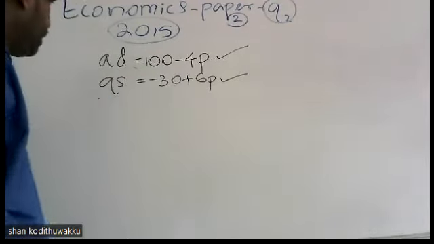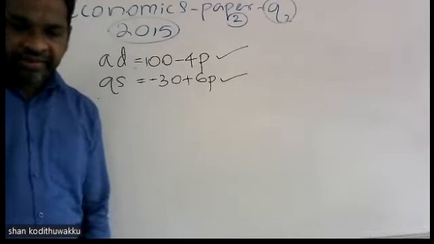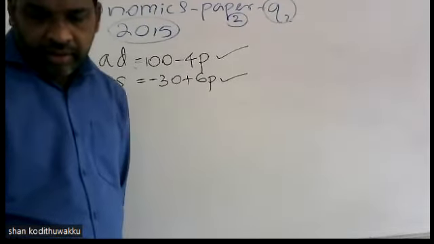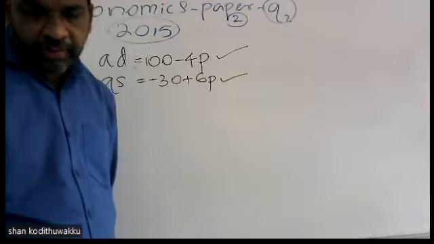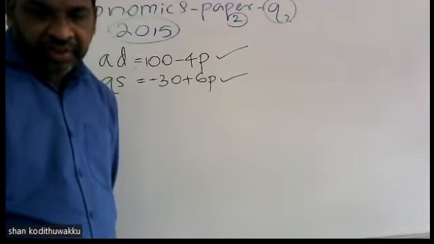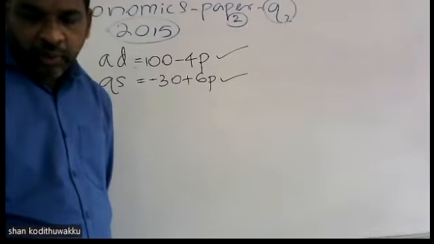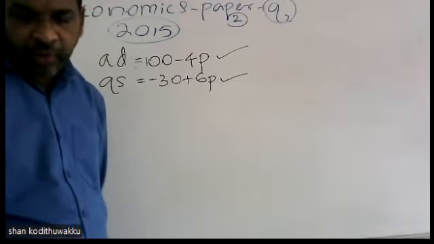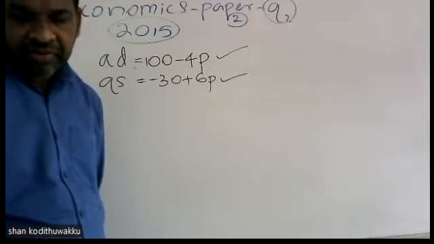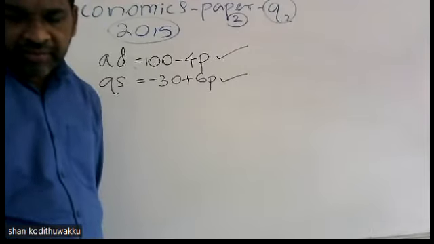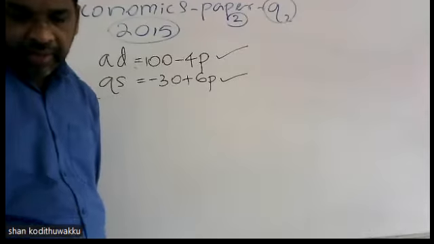Here the question is part A, 2015, paper 2, subsection A, question number 2, part 5. You are given two equations, QD equals 100 minus 4P, the demand equation, and QS equals minus 30 plus 6P, the supply equation.